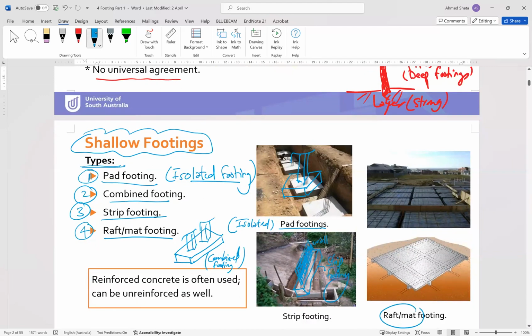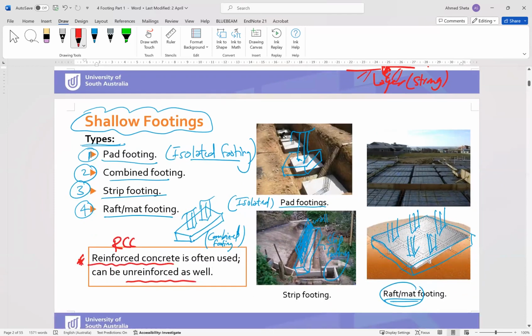As you can see, there is a slab or something like a slab, and on this slab you have multiple columns, not only one or two columns. So this is called mat or raft footing. Most of the footings are from reinforced concrete, but sometimes it can be unreinforced as well. But mostly all the footings are reinforced concrete.